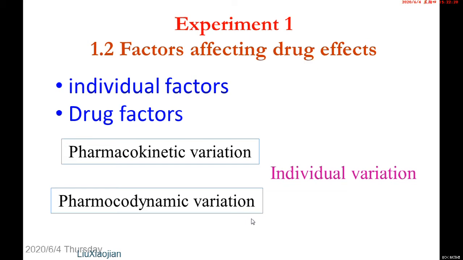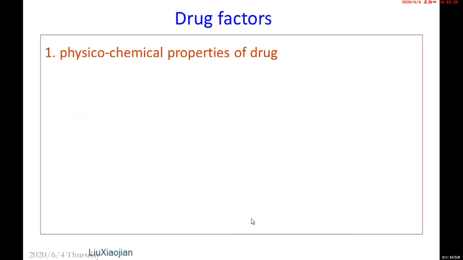And here, you should know well about the drug factors. It mainly includes physical-chemical properties of drug. I think you still remember maybe, like lipid solubility, water solubility, pKa of the drug.